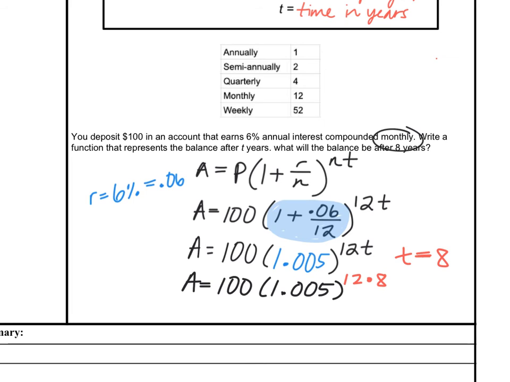Okay, so right now we're figuring out, this part is 96. So one last time, write it down for me, that finally, this is what you need to evaluate in your calculator. You take 1.005 and you raise it to 96. Evaluate for me after 8 years.